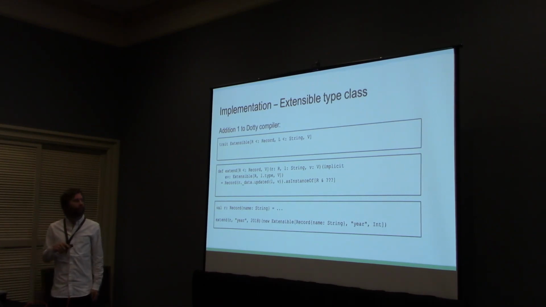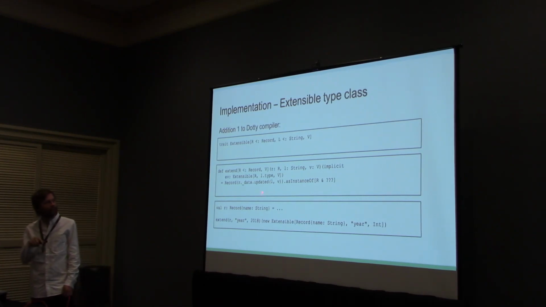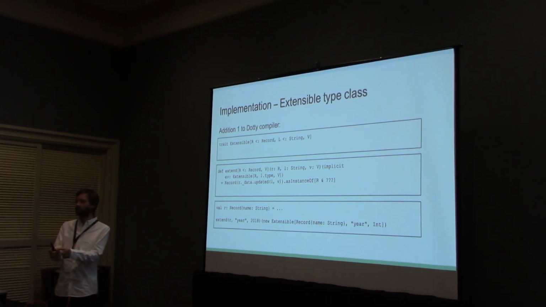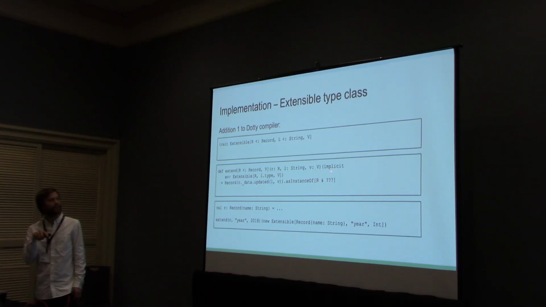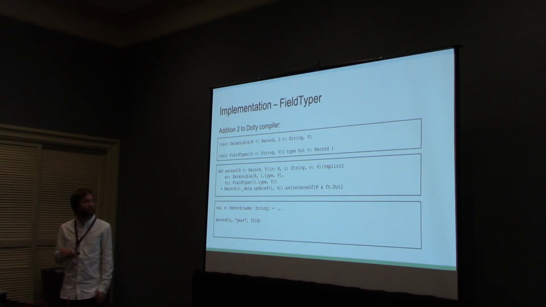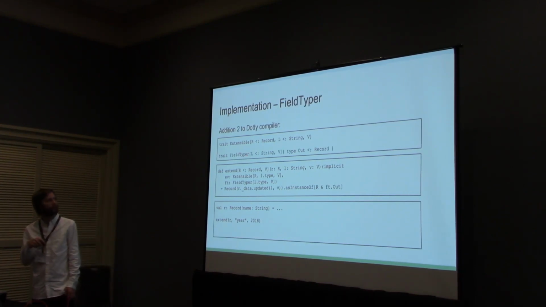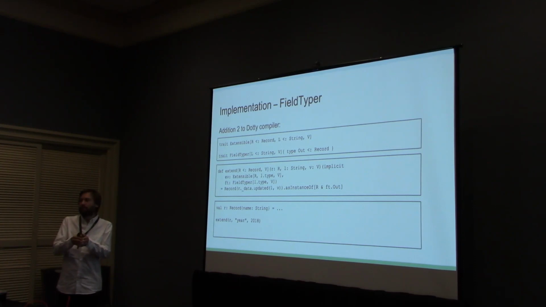A small problem hidden in this slide though. Now we don't have a proper intersection type. Before we had two record types that we could intersect. Now we have a record type and a label value pair, so we don't know what to write in this intersection. So we solved this with a second addition to the Dotty compiler, a second type class that we call FieldTyper, that basically maps label value pairs to a record type holding a single field.